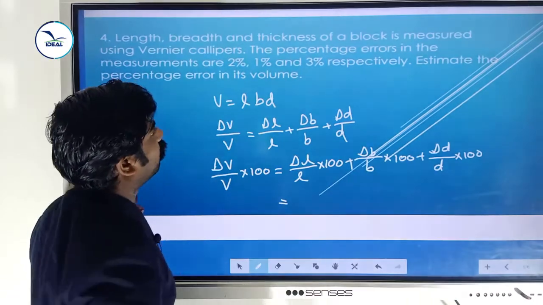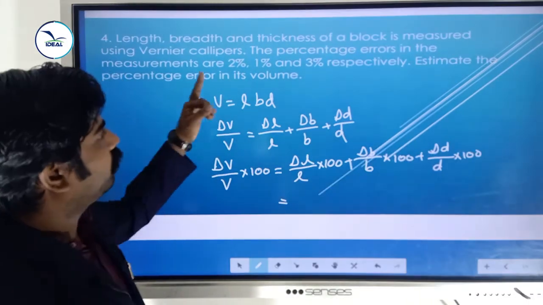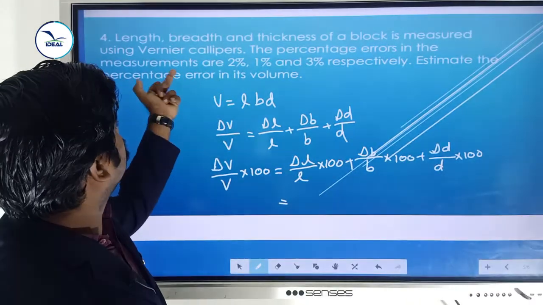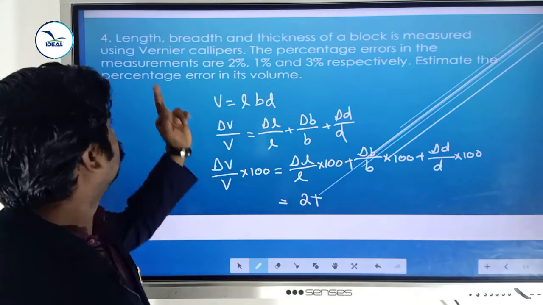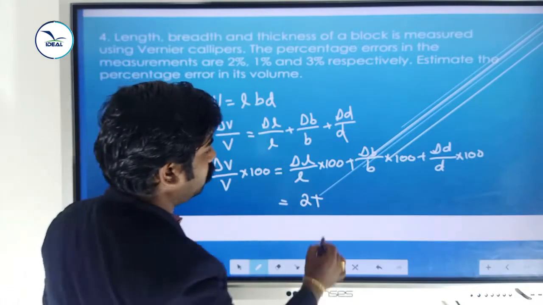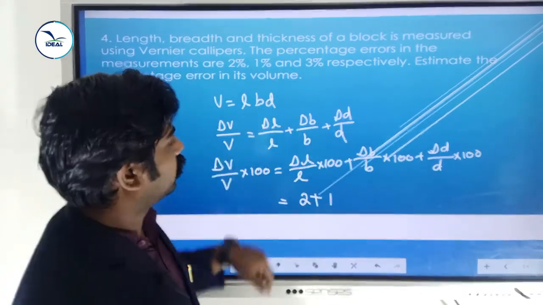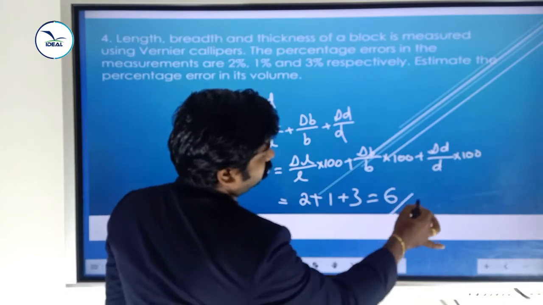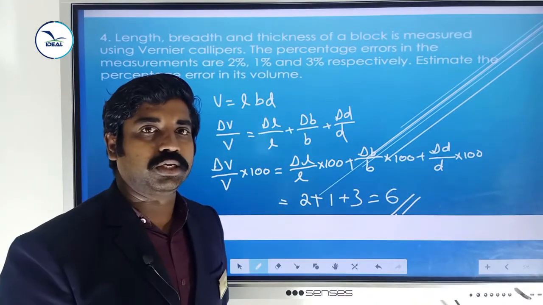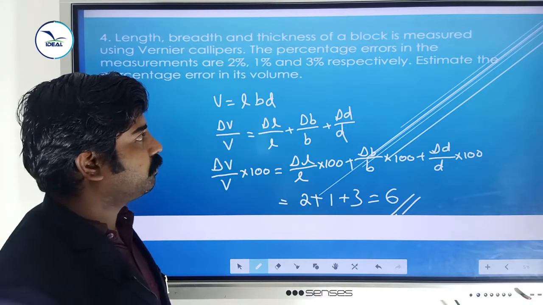Okay, so that's equal to what we have, the measurements: length 2%, so 2 plus breadth 1% and thickness 3%. So the answer is 6. So the error in this equation is 6.